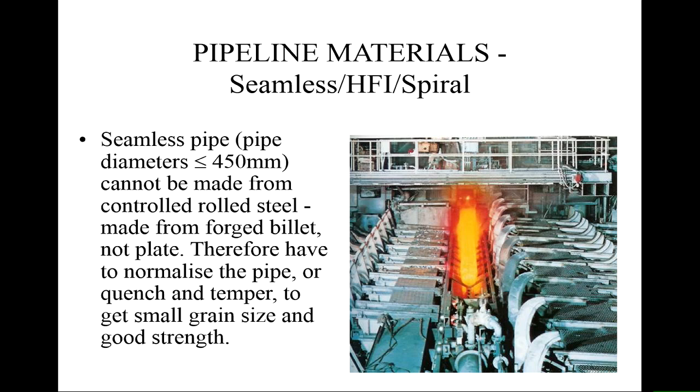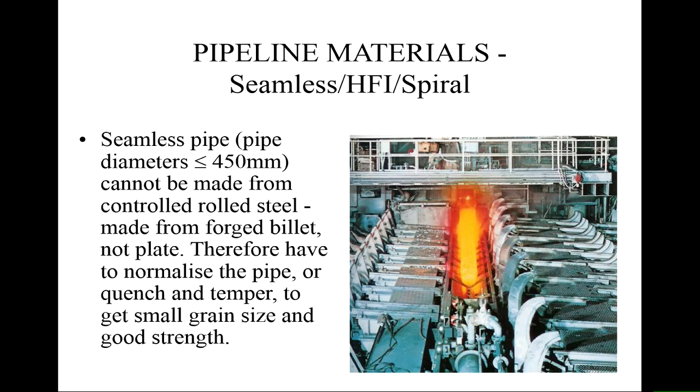Now we'd like to have pipe that isn't made by the normal process of taking a strip, making it into a cylinder and then welding along the seam. And so there are processes around that can produce pipes in different ways.